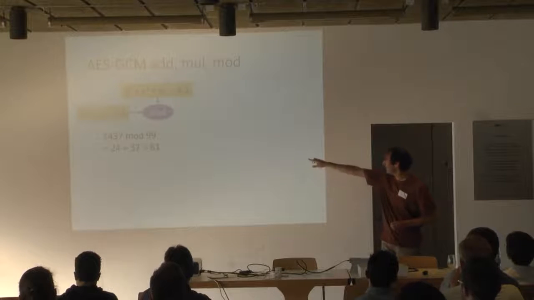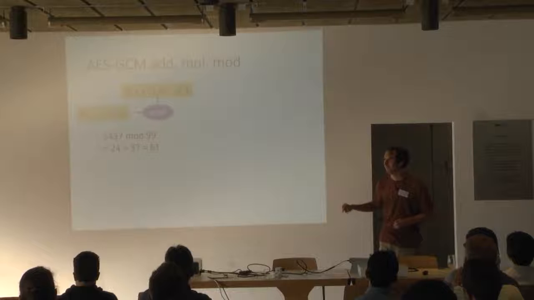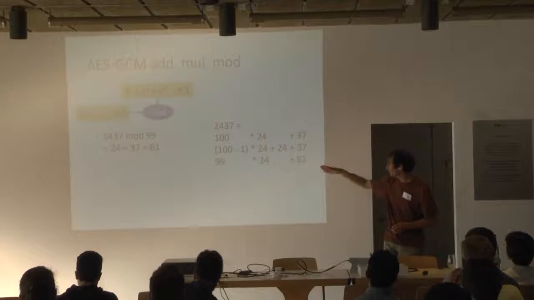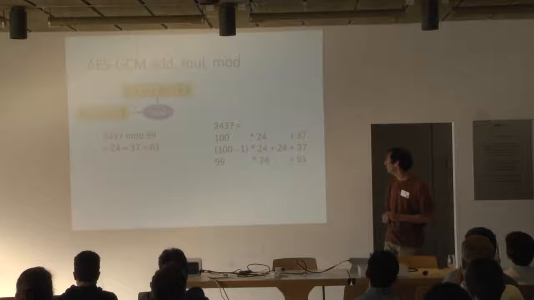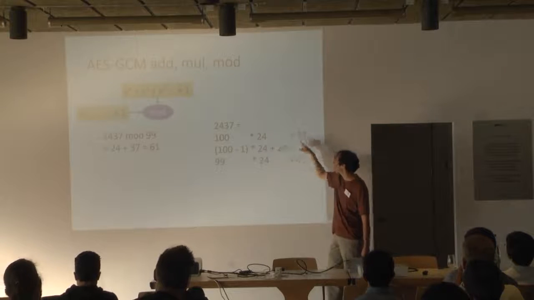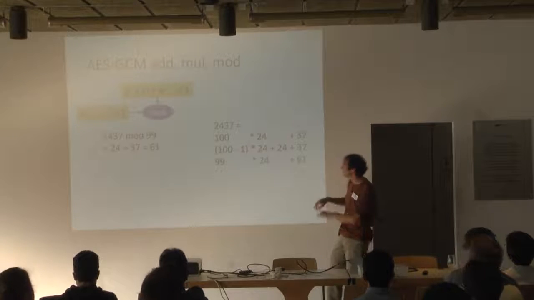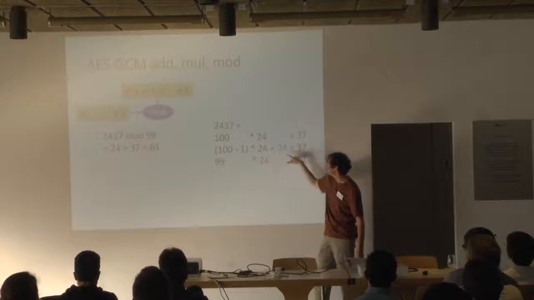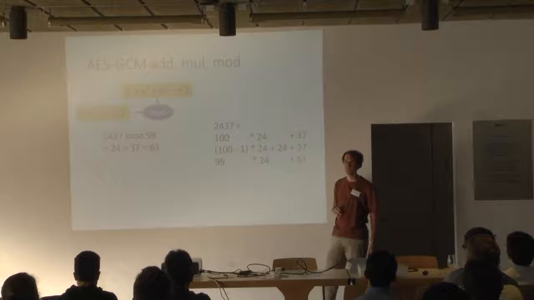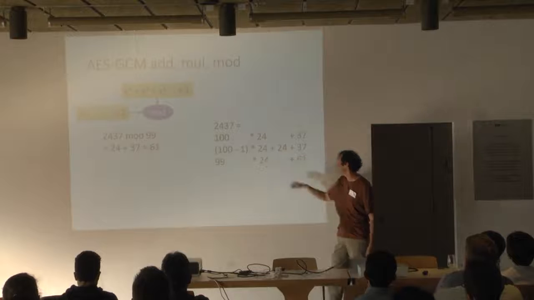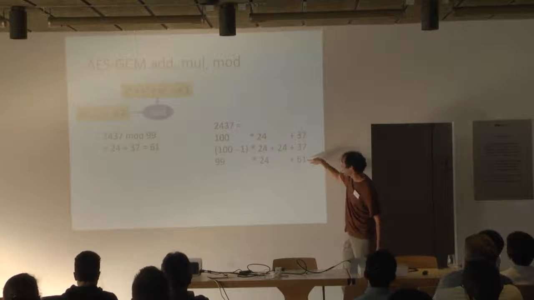You just add the left 2 digits to the right 2 digits, and that is equivalent to the original number mod 99. If you want to justify it, here's why. You can say this number is 100 times 24 plus 37. We can rearrange things a little bit and say this is 100 minus 1 times 24, as long as we compensate by adding a 24 in there to cancel this out. And so we're left with 99 times 24 plus the sum of these, which is 61.